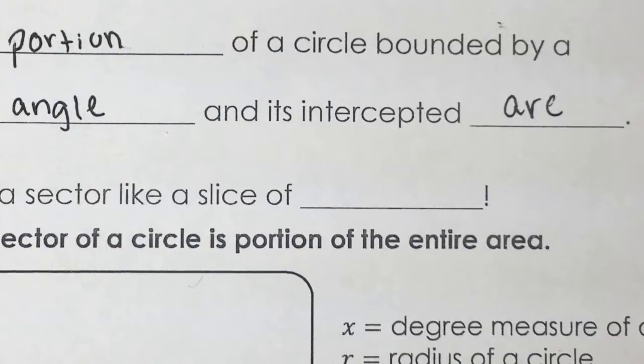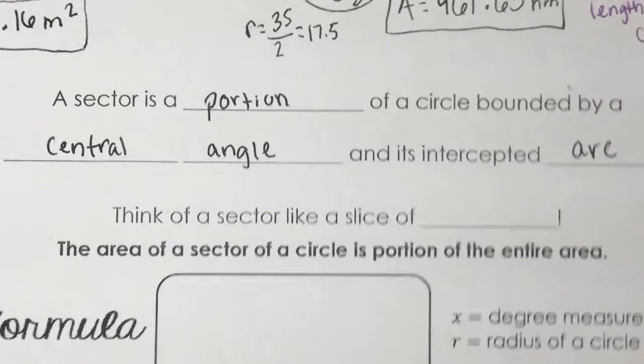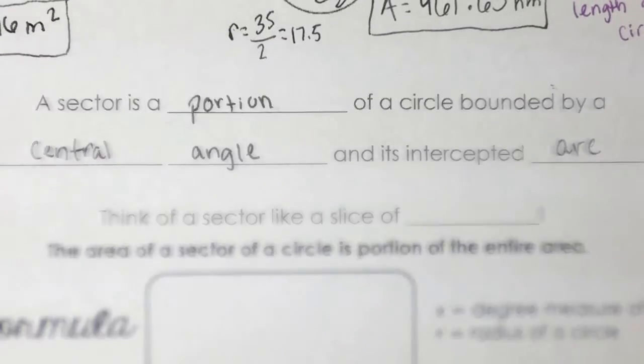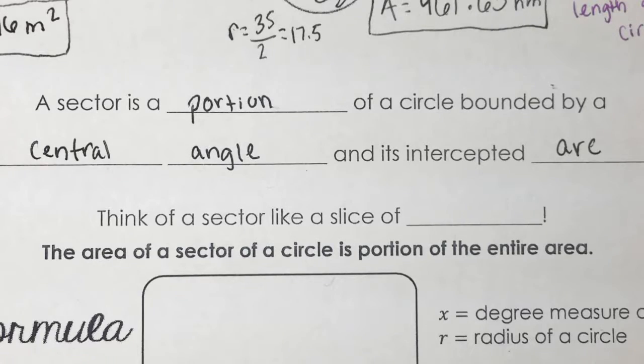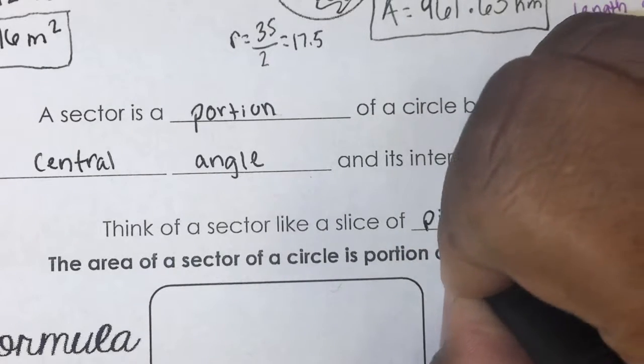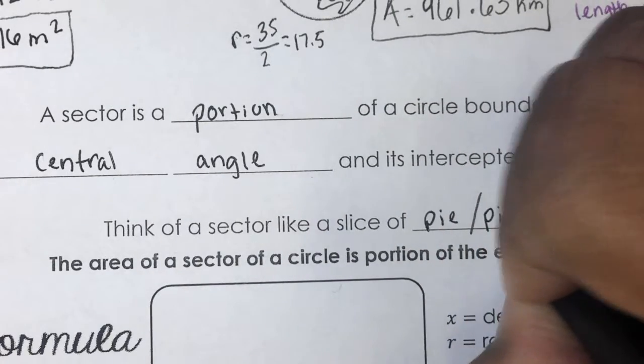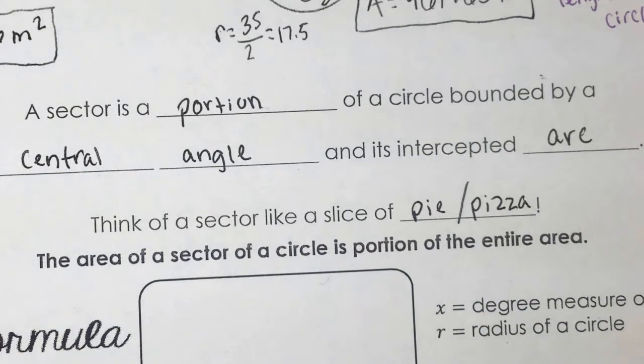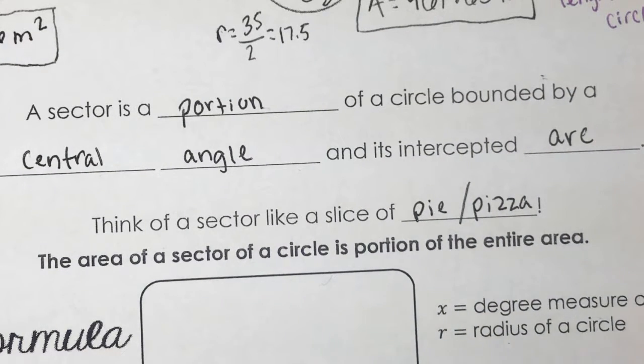Let me zoom out so you can see all that. When you're thinking about a sector, think about pie, or some people think of pizza. Like a slice of pie or a slice of pizza.